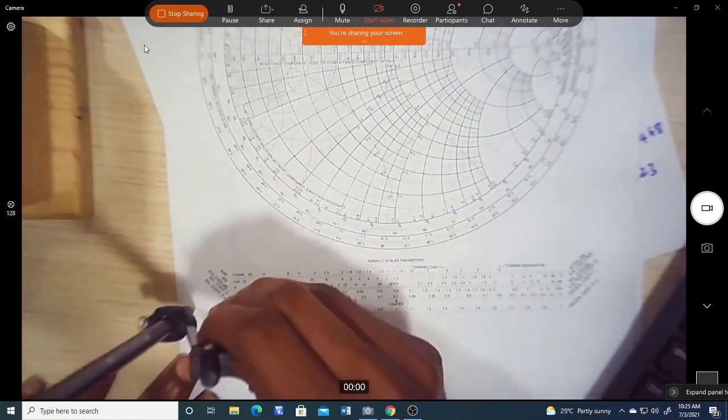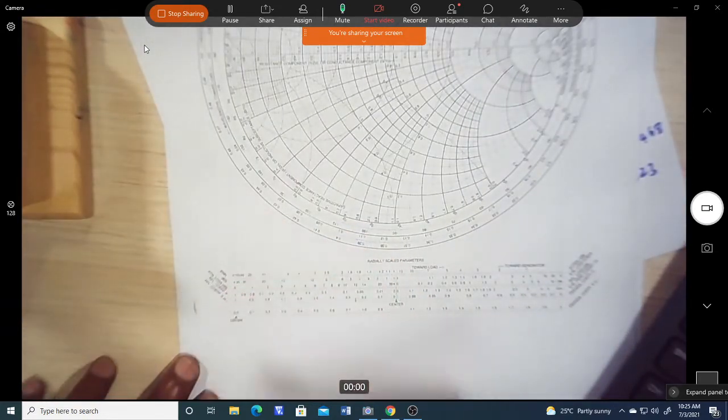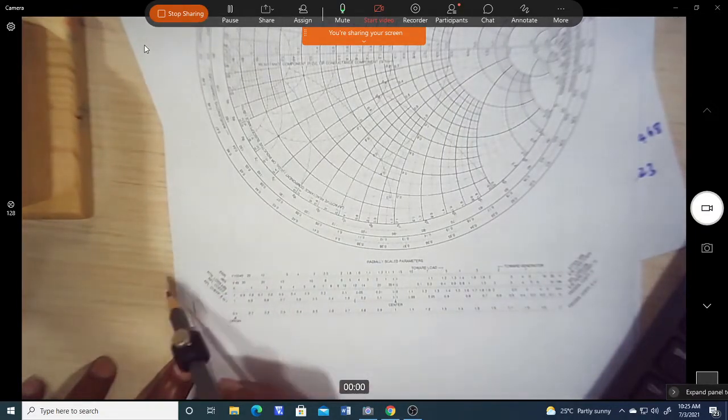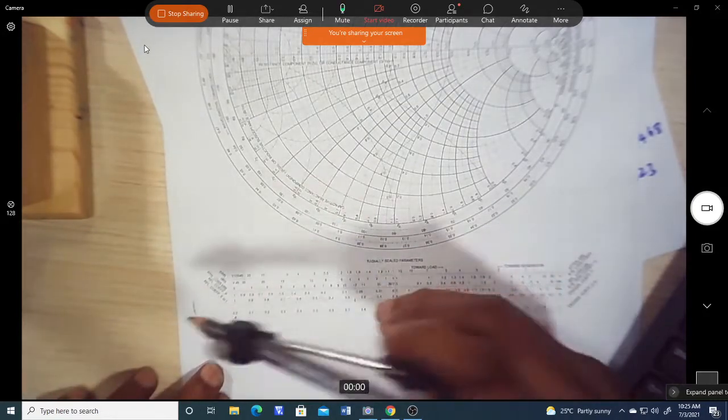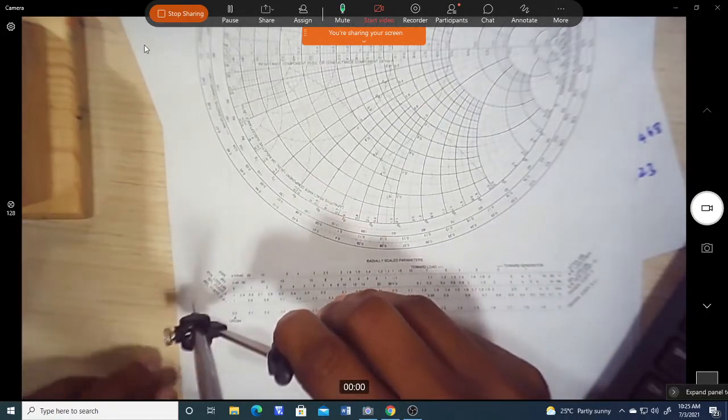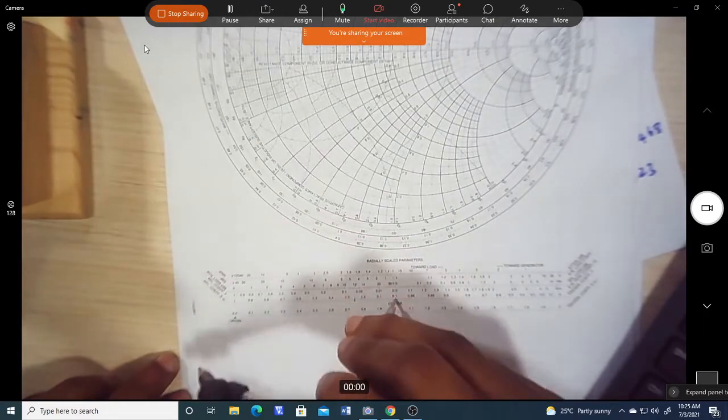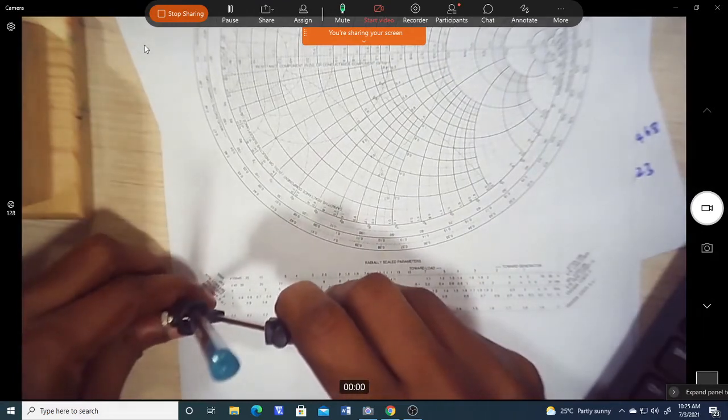So I am extending this scale and adding it. Finally I will take from this point to that point, and then I will get the value of 1.25. So this is a total of 1.25.